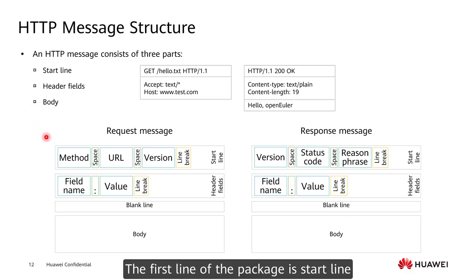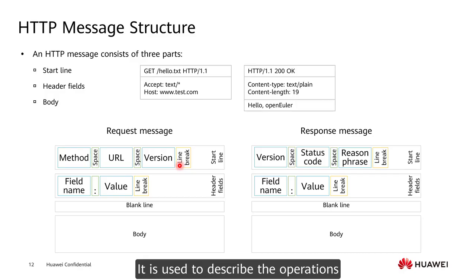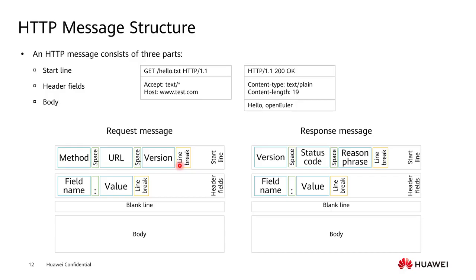The first line of the packet is the start line. It contains the method, the URL, and the HTTP version in the request message. It is used to describe the operations to be performed on the server.